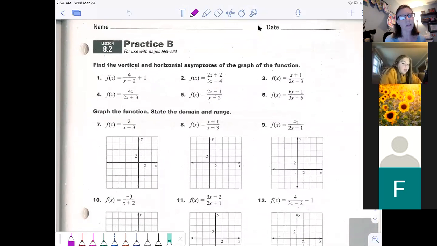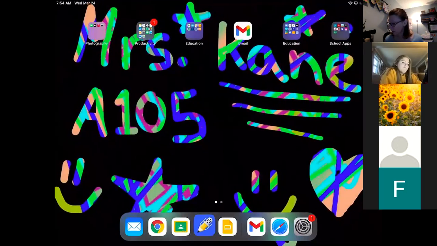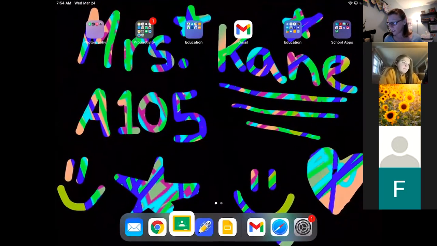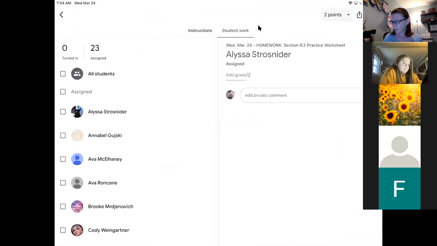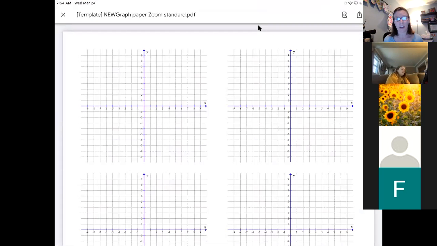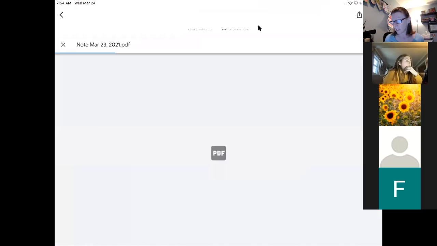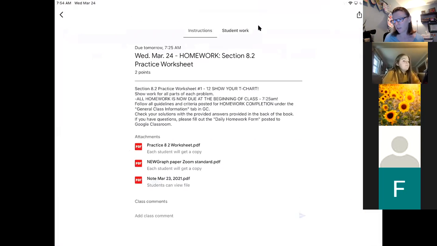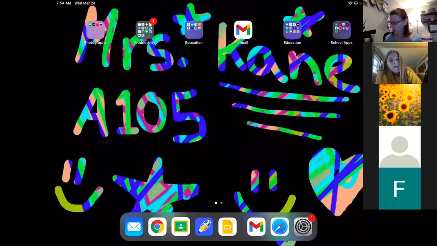I also included bigger graphs because I feel like the 6 graphs on here are small and they're all counting by 2. So in the actual assignment, I included the graph paper that I always include. So if you'd rather use the larger graph paper instead of the tiny little graphs that are counting by 2, you can do that as well. And then there's an answer key on here too. So you got everything on that assignment to help you.